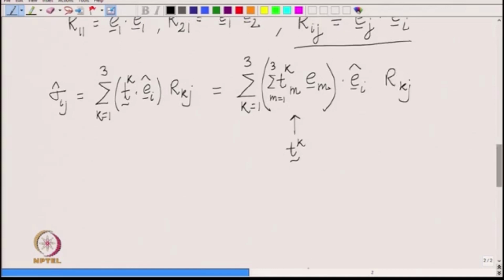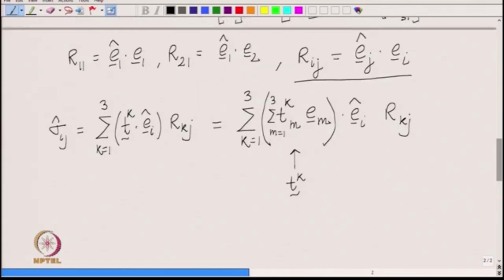All right. So, now we see we have Em dot Ei hat, and if we look at this formula, what do you think, what is Em dot Ei hat? That is simply Rmi, right.